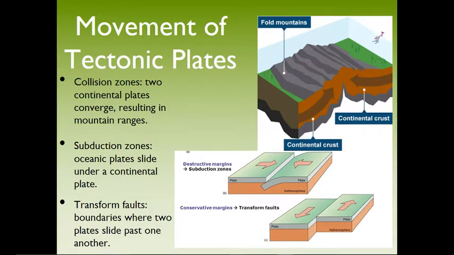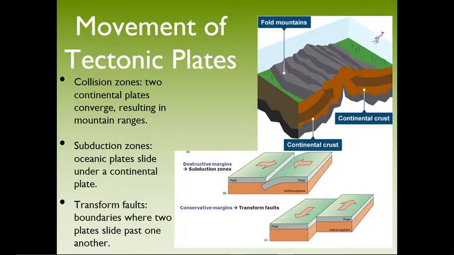As we look into the movement of tectonic plates, there are three types of movement which I personally think look like they sound. Collision zones are when two continental plates collide into each other, creating a mountain range. Subduction zones are where oceanic plates subduct or slide under a continental plate.